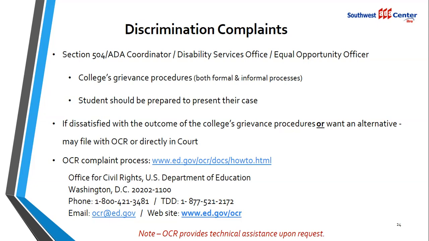Because this is video, it's easy to go to ed.gov/OCR and simply in the search say OCR complaint process. OCR actually does provide technical assistance upon request. That's a good thing. Next.